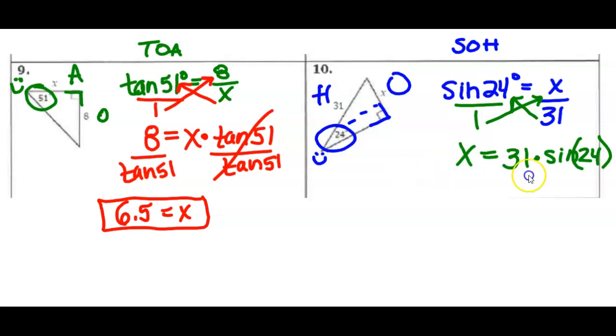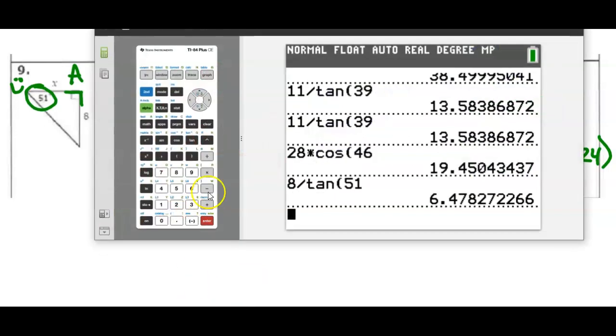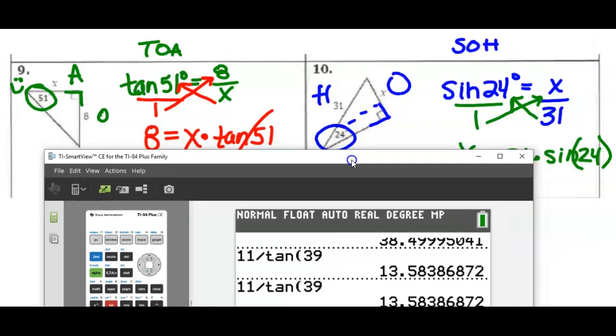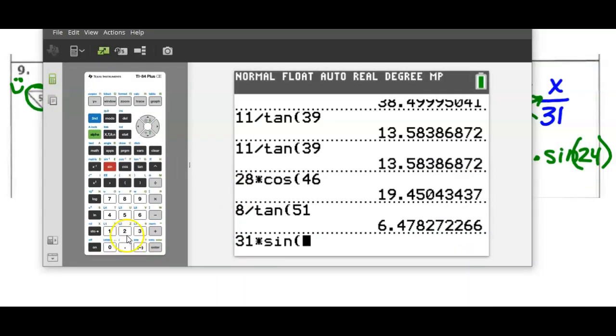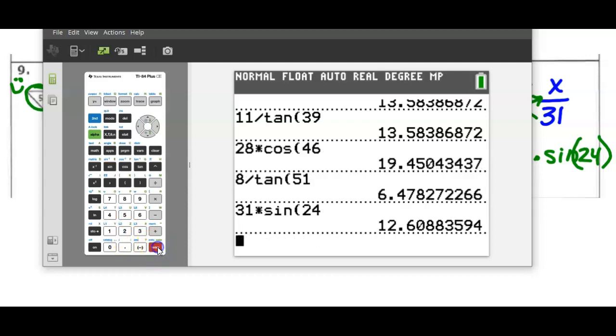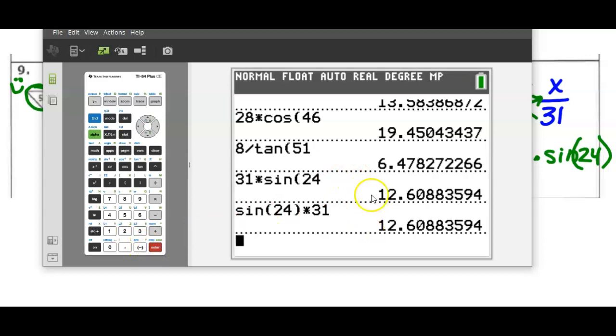You just got to remember to close the parenthesis before you multiply by 31. So I can type 31 times the sine of, I already forgot, 24. Enter. Or it's okay to do the sine of 24, but you got to close the parenthesis and then times the 31. Sorry, you get the same answer.